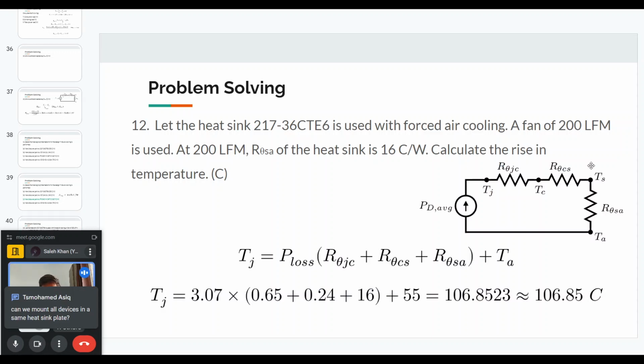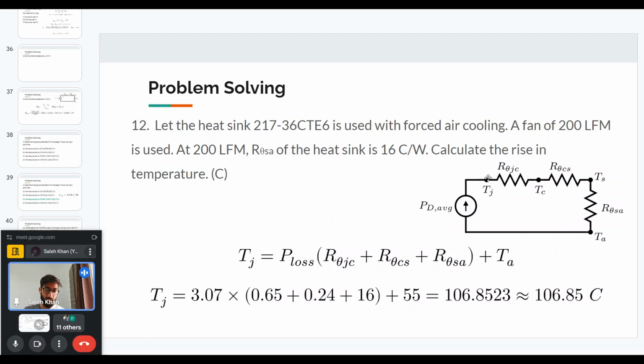Yes, so if we use this circuit, as I said previously, we use the temperature like a voltage. If we want to find the junction temperature and we know the power loss and all the resistances, we just want to find Tj.